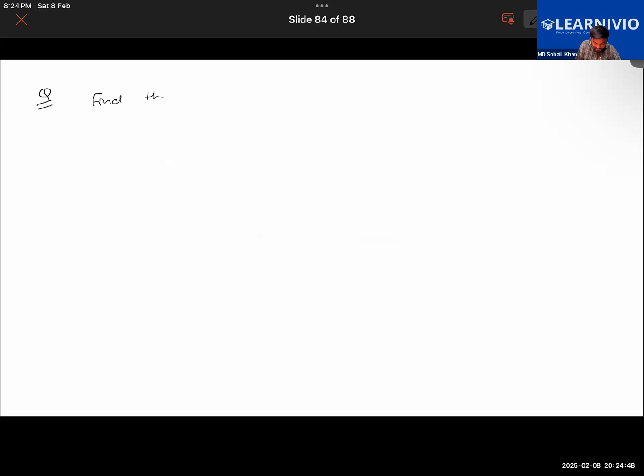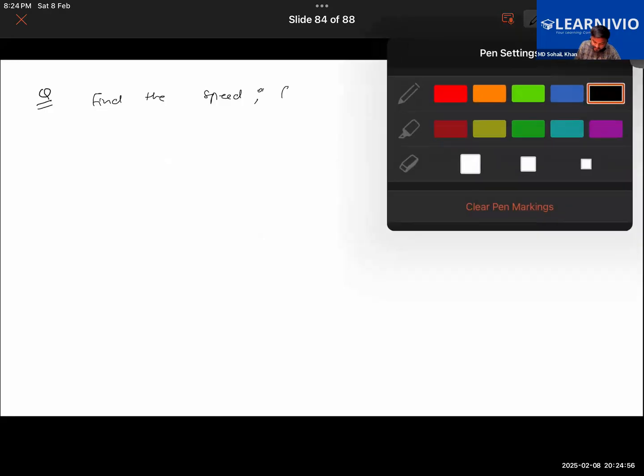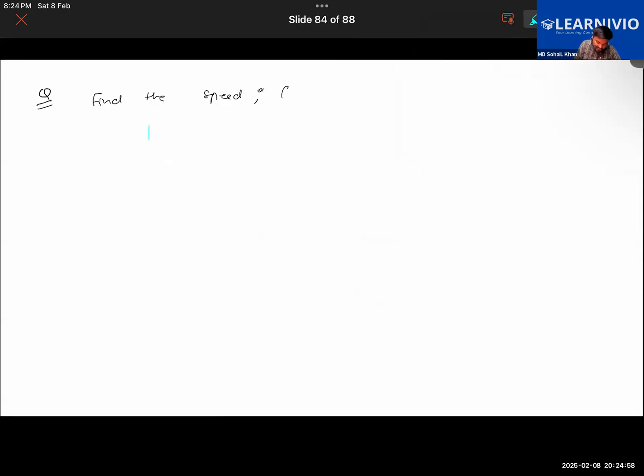You need to find the speed. I will be drawing two graphs. You need to find the speed at which the vehicle is moving. Here's the time, and here we have the distance. Fatima, you there?